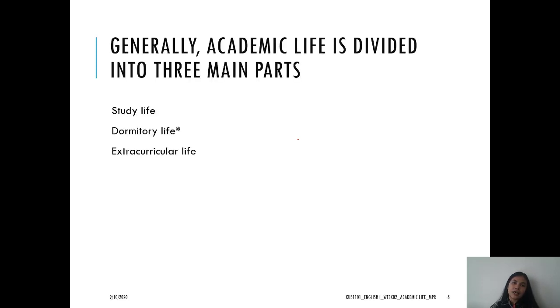Okay, next, generally, academic life is divided into three main parts. It's the study life, dormitory life, and the extracurricular life. I know I put dormitory life over here in the form of an asterisk because obviously you don't have a dormitory life at the moment because you are studying from home.